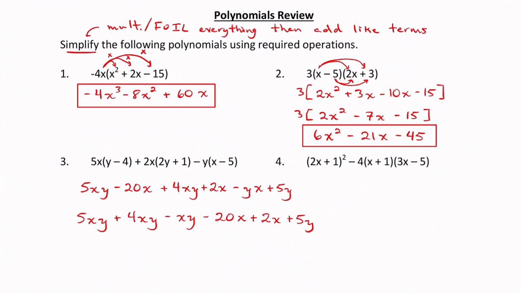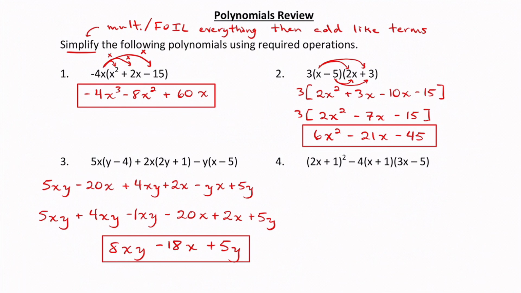So we have 5x plus 4x, that's 9x, take away a 1xy, right? There's a hidden 1 here. So that is going to give me 8xy. Then we have negative 20x plus 2x, that's just negative 18x. And then the plus 5y at the end.